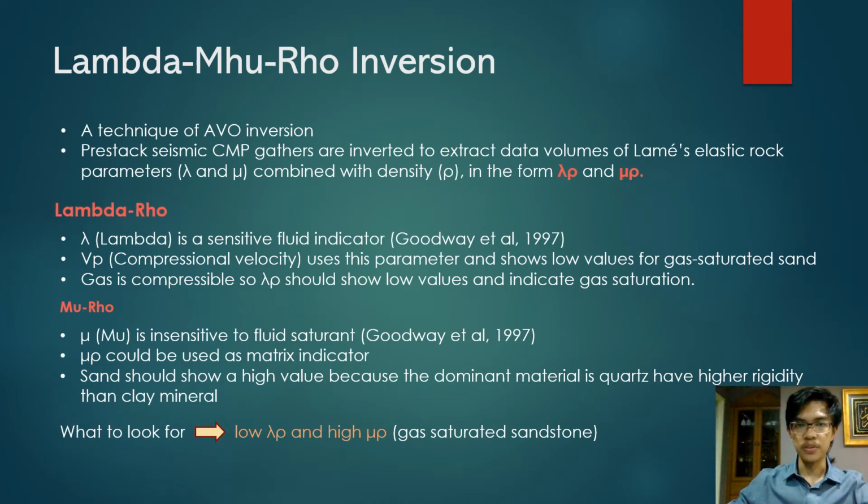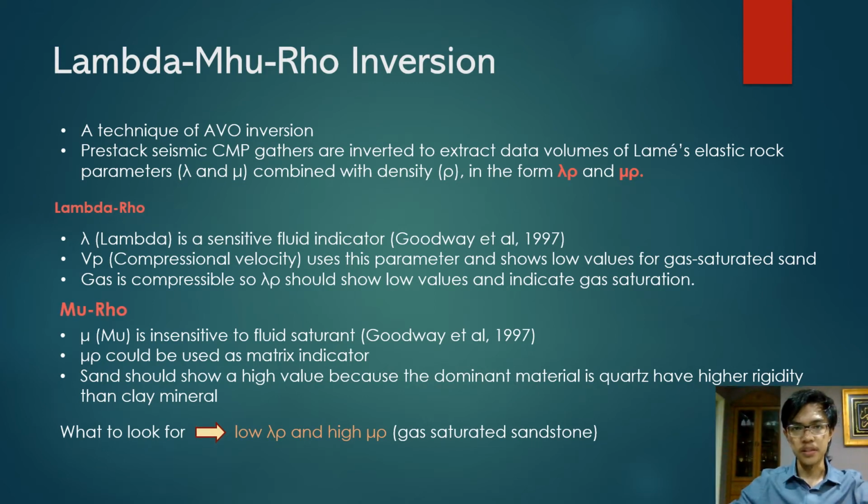So why did we choose lambda-rho? Lambda is a sensitive fluid indicator. In compressional velocity, it uses the parameter lambda to show low values for gas-saturated sand. Because gas is compressible, lambda-rho will always show low values and indicate gas saturation.